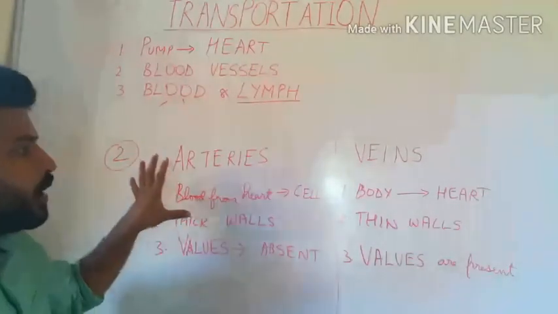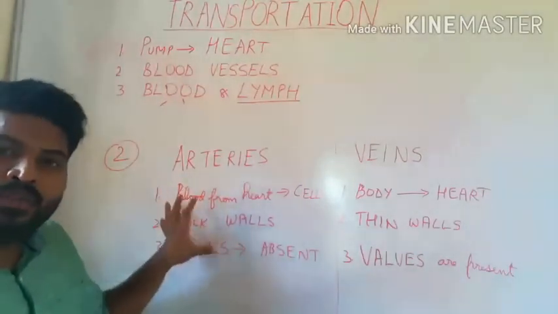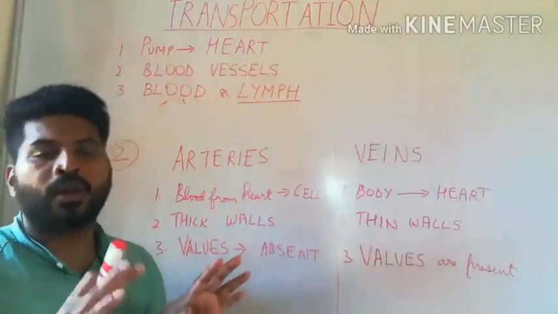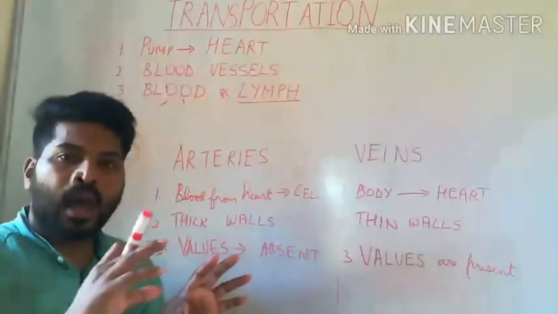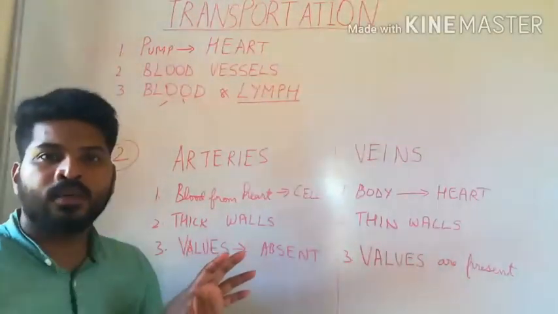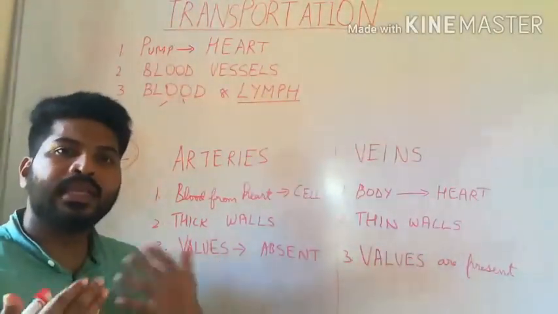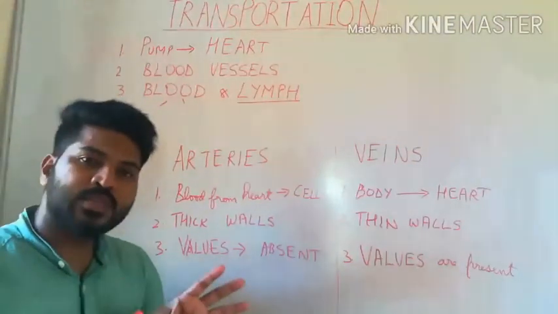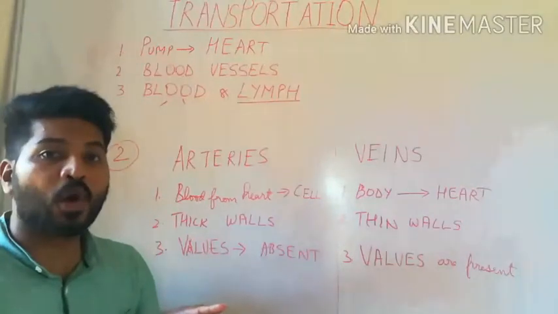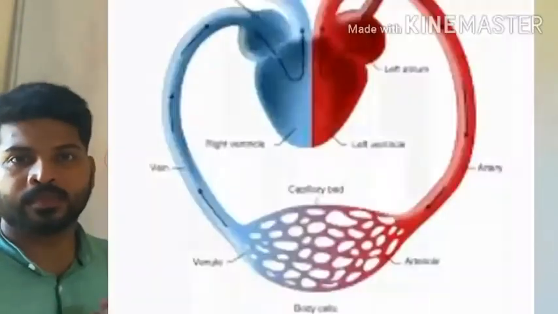Now, when the arteries carry blood from the heart and it reaches a particular organ, the arteries will branch into very fine vessels called arterioles, and these will further branch into even smaller blood vessels called capillaries.